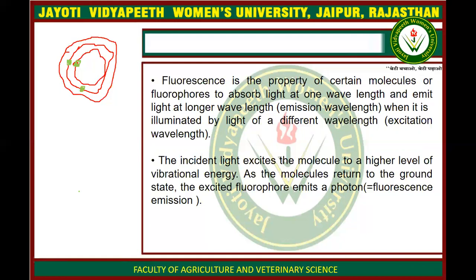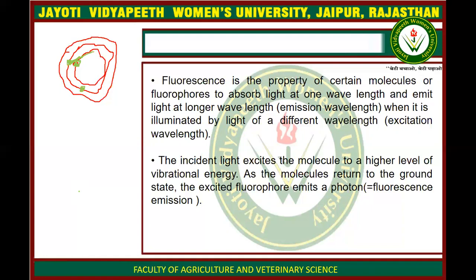So it will emit the absorbed light and try to come back to its original orbit. When it emits a particular light, we can detect its presence, and we can do quantitative and qualitative analysis of a particular antigen or antibody.